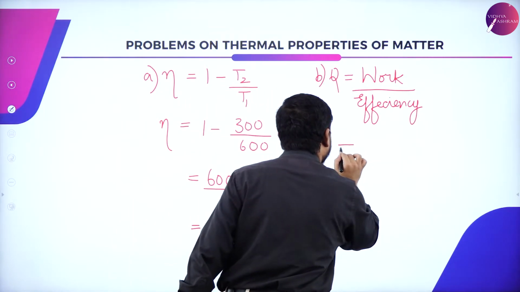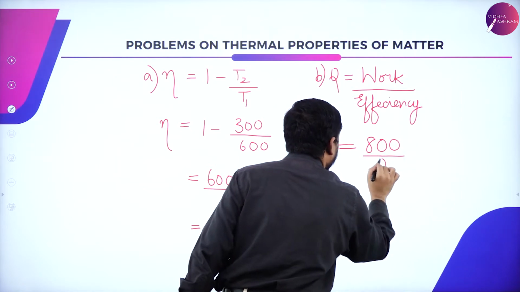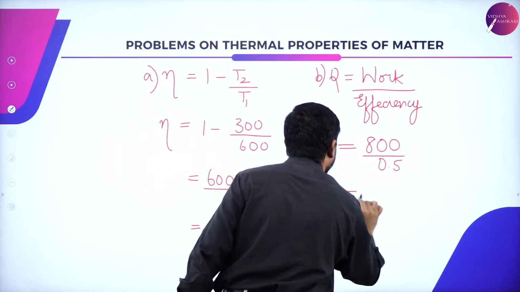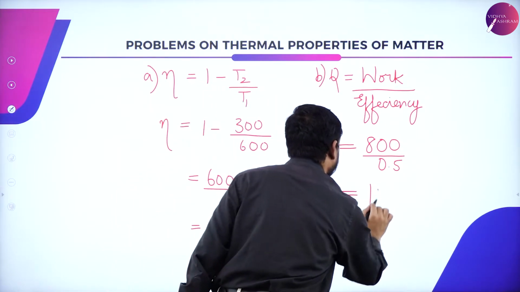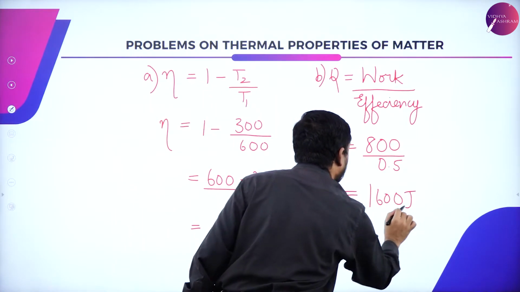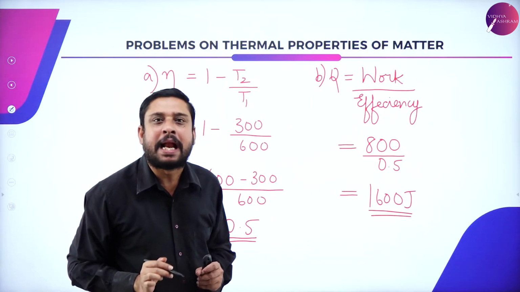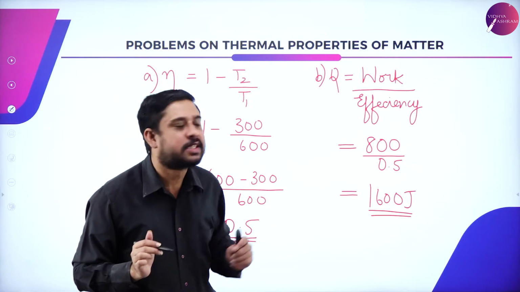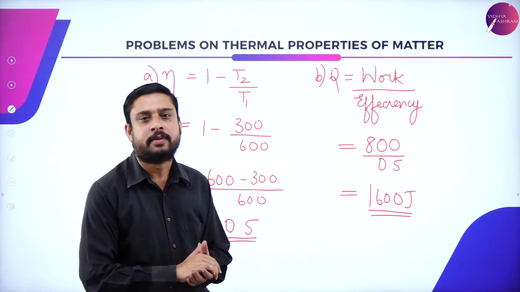So this is work done is 800 by 0.5. So Q is 1600 joules. So the heat supplied by the source is 1600 joule. The next one.